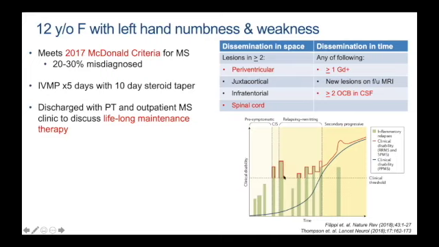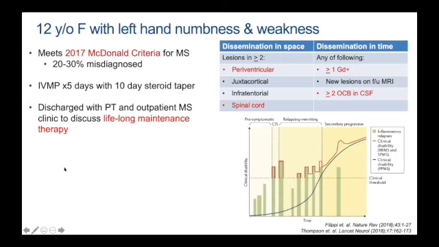They may return to full recovery, or that recovery lessens as time progresses. And then these patients can convert to what we call secondary progressive MS. A minority of patients will start out with a progressive course.